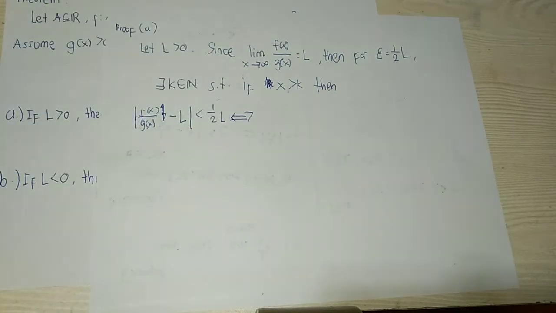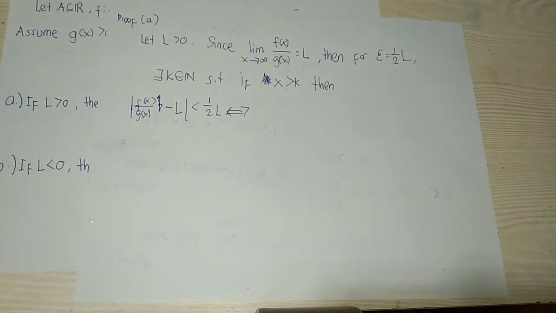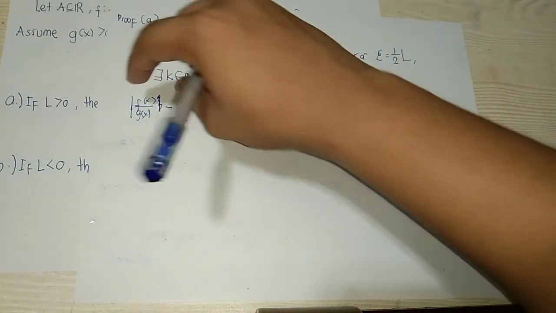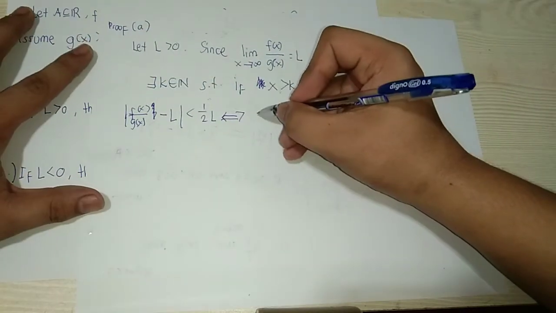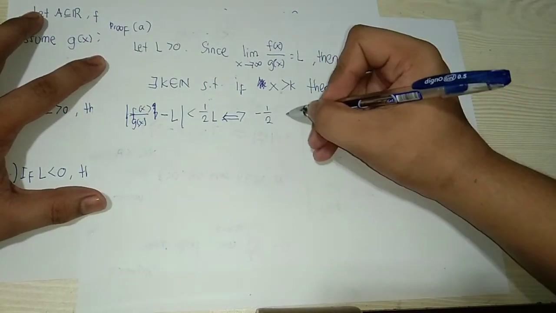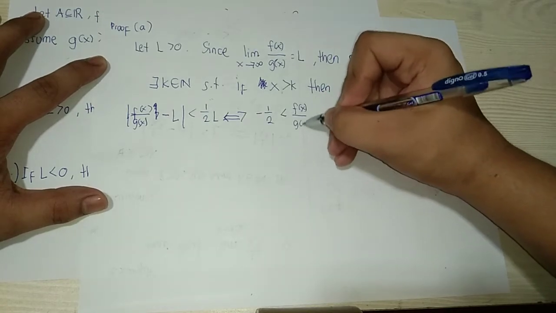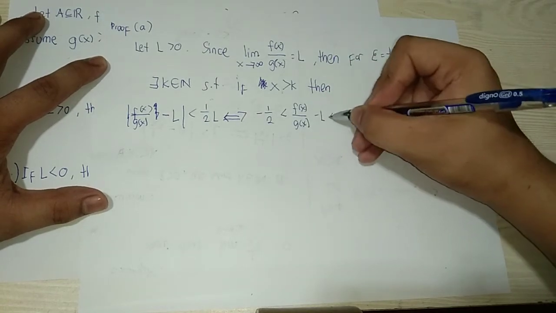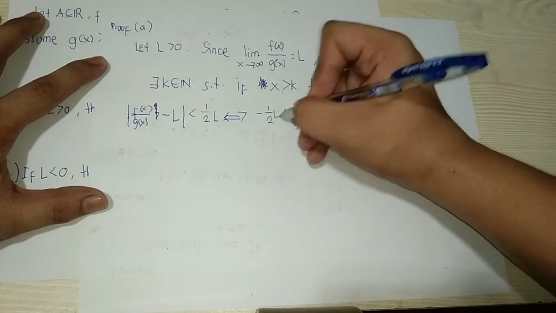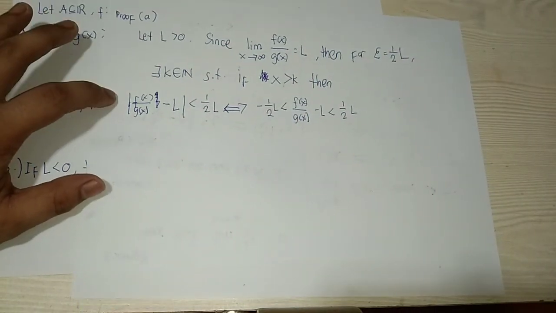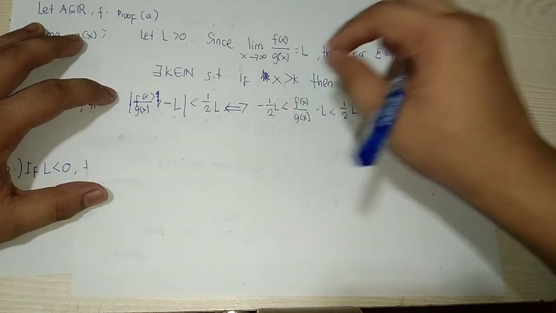Okay? We use the property of the absolute value, so we remove the absolute value. It becomes negative 1/2 L less than f of x over g of x minus L less than 1/2 L. Then we add L to both sides.